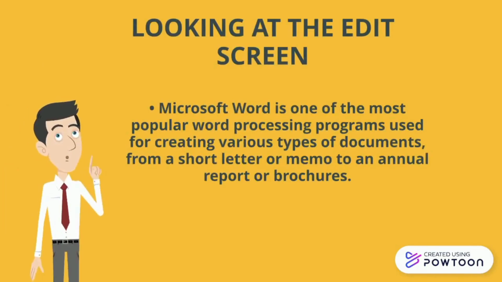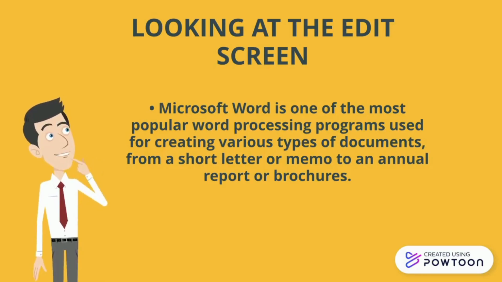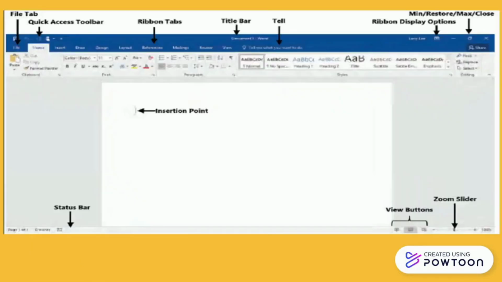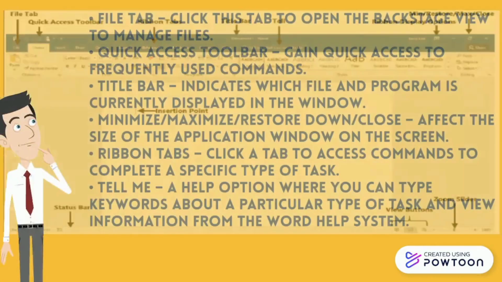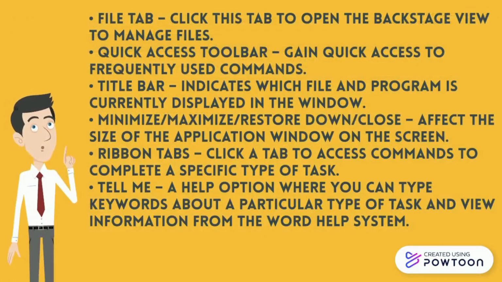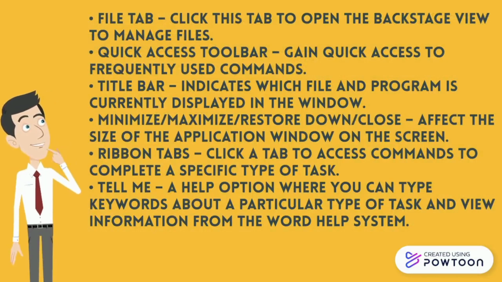Looking at the Edit screen. Microsoft Word is one of the most popular word processing programs used for creating various types of documents, from a short letter or memo to an annual report or brochures. File tab. Click this tab to open the Backstage view to manage files. Quick Access Toolbar. Gain quick access to frequently used commands.